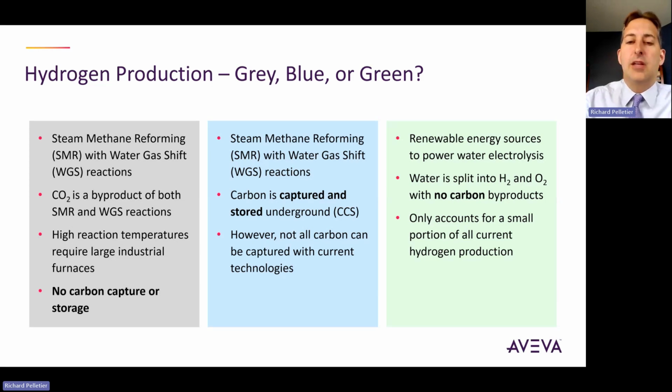All right, and then we have green, which is not just clean for the environment, but it also uses renewable energy sources. And so when we do it with this, there's no carbon byproducts. And you'll see as we go through, because it's going to be the main focus here, we use all renewable energy sources in order to support this.